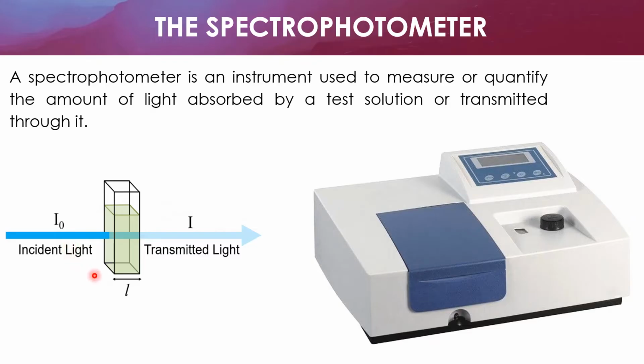It can also be seen from the picture that the intensity of the transmitted light after passing through the test solution contained in a cuvette is less than that of the incident light, because the sample will absorb a portion of the incident light as it passes through it. So the amount of light absorbed by this test sample is what is measured by the spectrophotometer as an absorbance value.